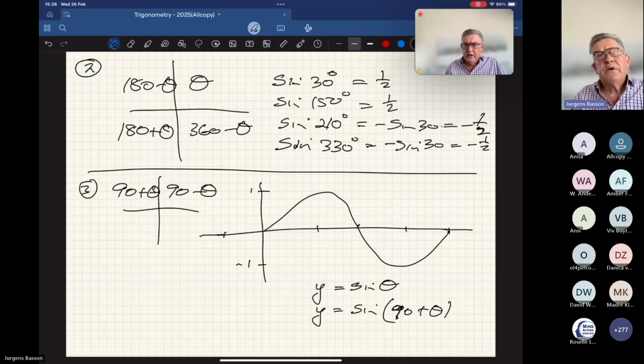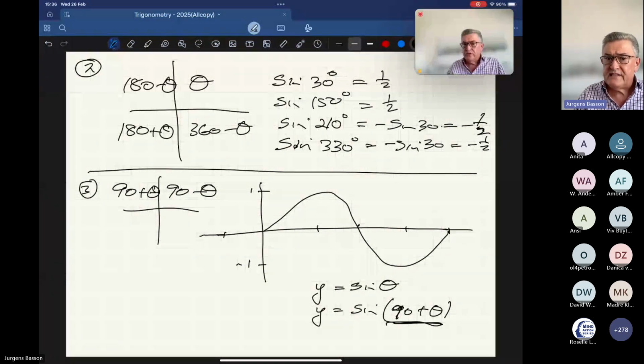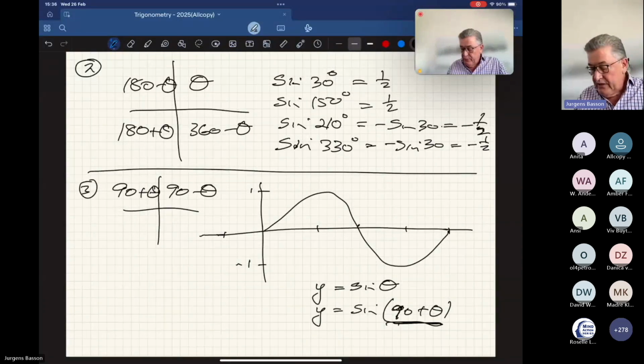Now, what we do with the learners, as from grade 10 and we're in grade 11 on functions, you notice that this is a horizontal shift. It's theta plus 90. And you hopefully remember when we do horizontal shifts, it works with the opposite sign. So that means we put theta plus 90 equal to 0. So theta is negative 90. So it means it moves 90 to the left.